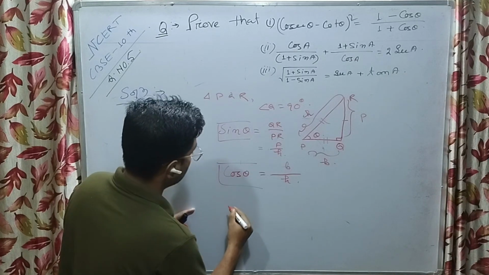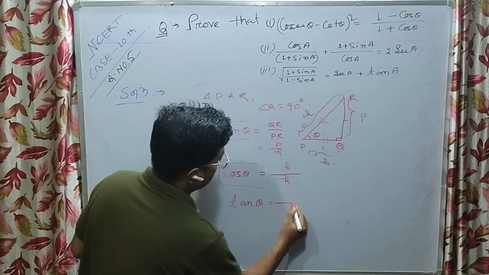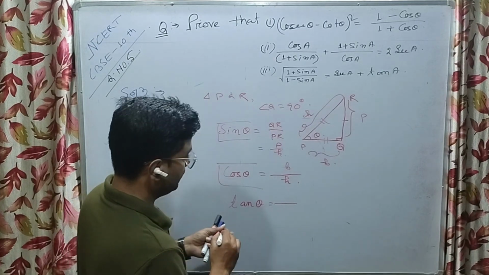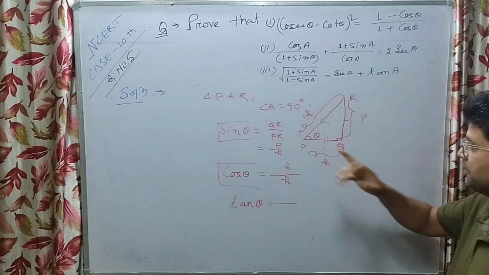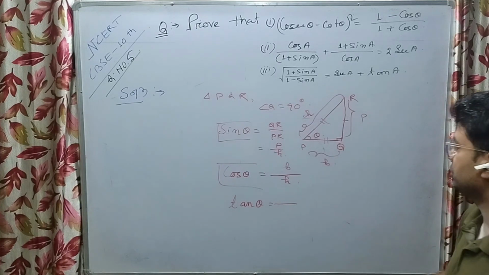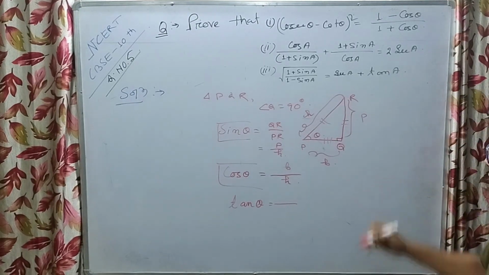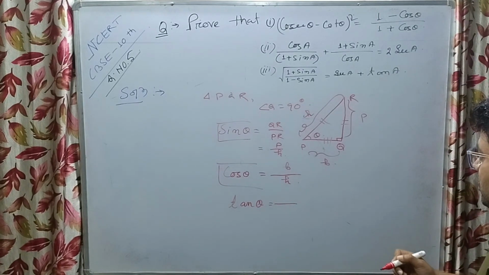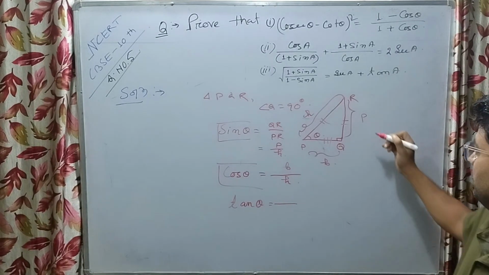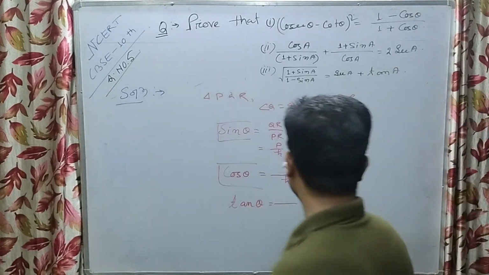And then I will go to tan theta. Now, what is tan theta? Students, tan theta is the ratio between perpendicular and base. This is the third ratio. It means perpendicular divided by base will obtain tan theta.